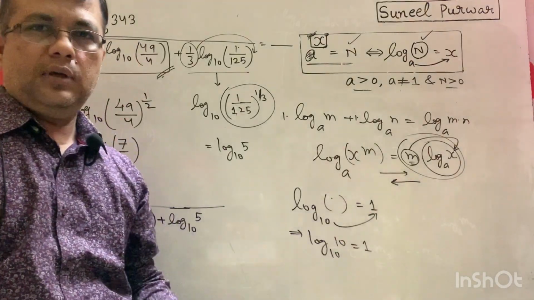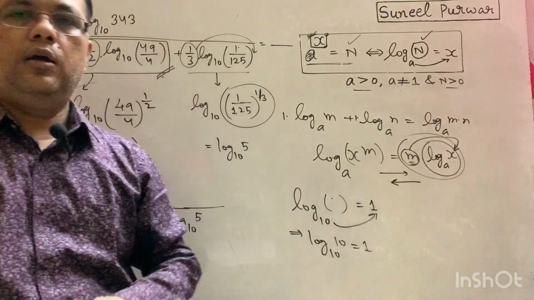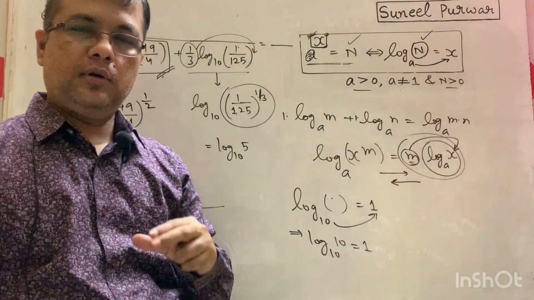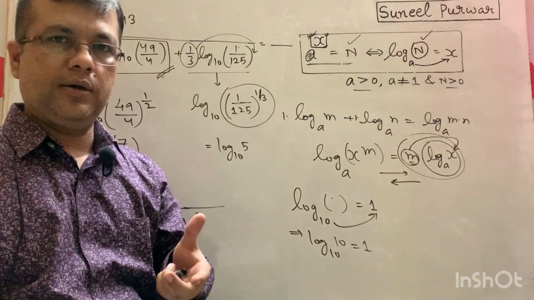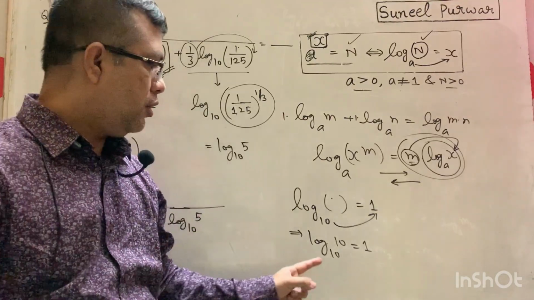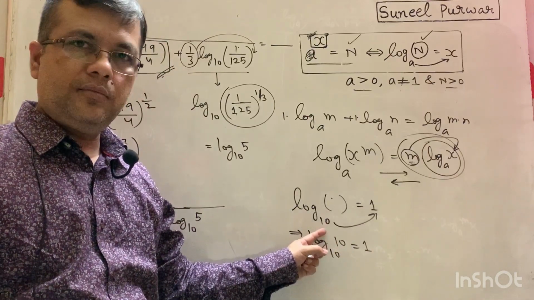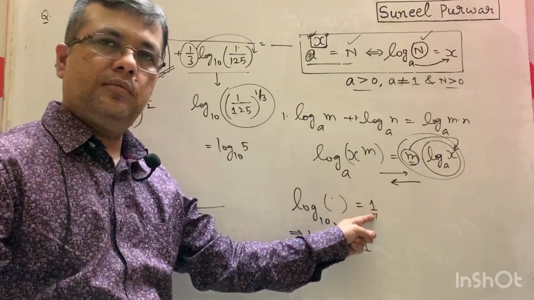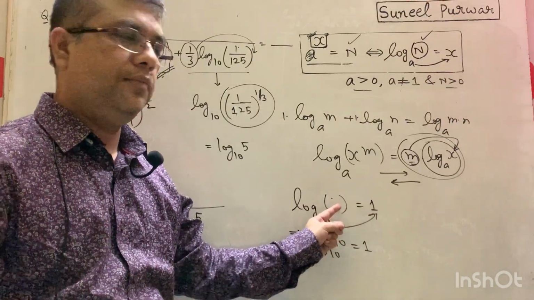Anyway, not a big deal. If you remember the observation that I had given you, log of a number at the same base, provided logarithm can be taken, is always 1. Log of a number to the same base is 1. So the base of the logarithm is 10 and you want the log value to be 1. So this number also must be the same. If this was 10, this has to be 10.